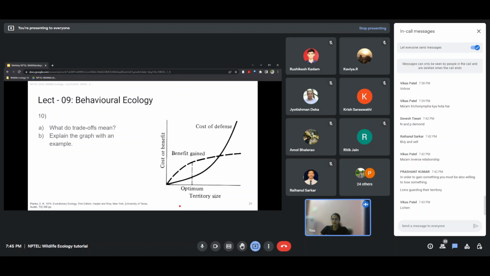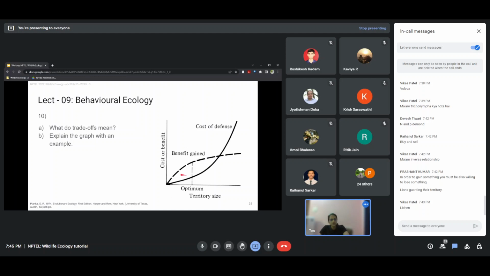And the cost for the bird for flying further distances, even though it does have more food to feed on, is that it expends a lot of energy to reach the further distances. So it reaches an optimal distance at which it acquires the maximum amount of food, right?